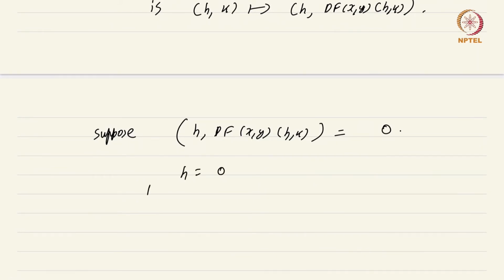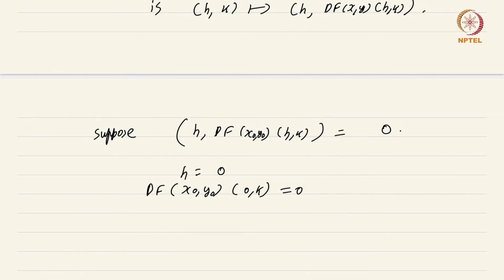Just a minor modification: I'm interested only in the point x0, y0, because I want to show that it's invertible there. In any case, I have data about the derivative d f at x0, y0. So it follows that d f x0, y0 acting on hk is also 0, but h is 0. So this is essentially saying that d f x0 y0 acting on 0 comma k is 0.